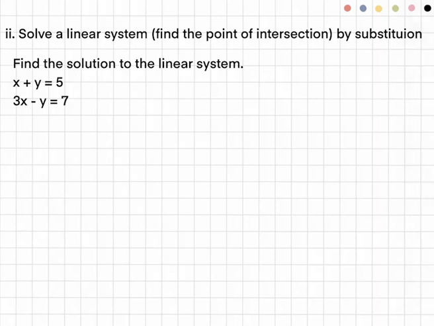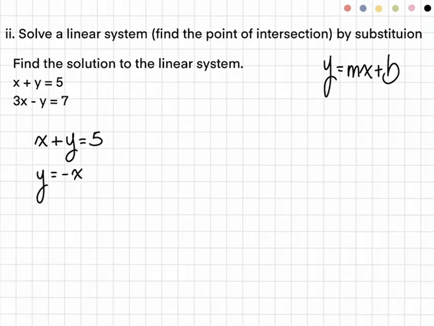So I want to rewrite it into y equals mx plus b, because that is how I like to do it. So I'm going to use the first equation because it looks the simplest, which is x plus y equals 5, and I'm going to rewrite this to isolate for y. You can do y equals negative x plus 5.